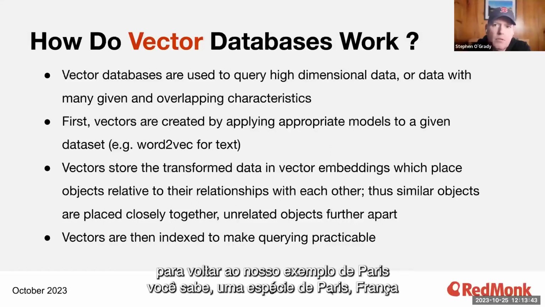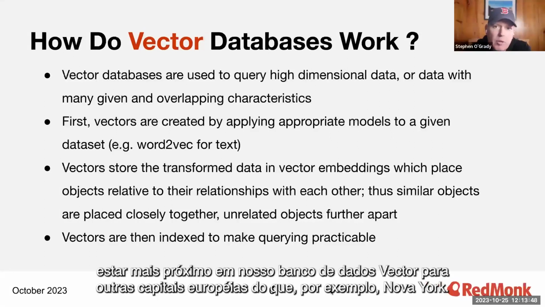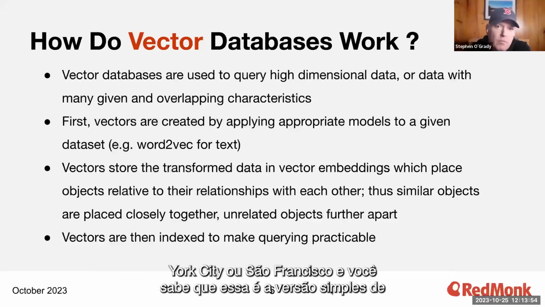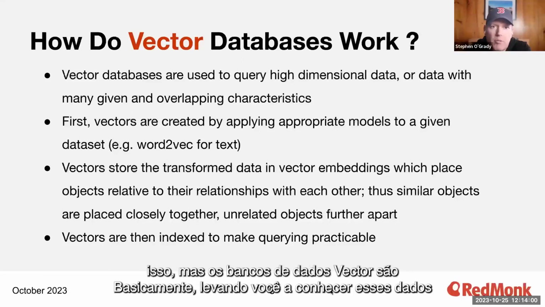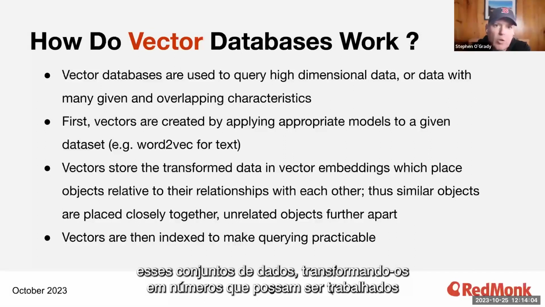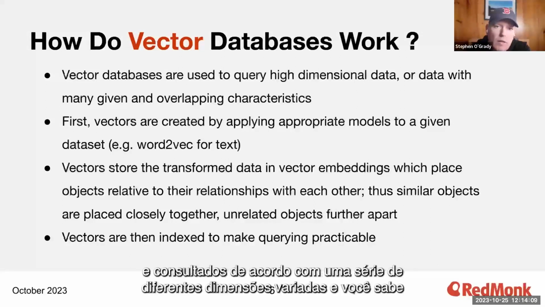And, to go back to our example, Paris, France would be closer in our vector database to other European capitals than, say, New York City or San Francisco. And that's the simple version of this. But vector databases are essentially taking these data sets, transforming them into numbers that can be worked on and queried according to a number of different varied dimensions.